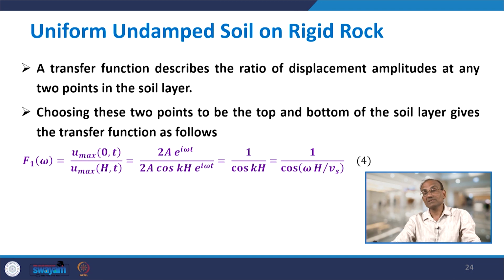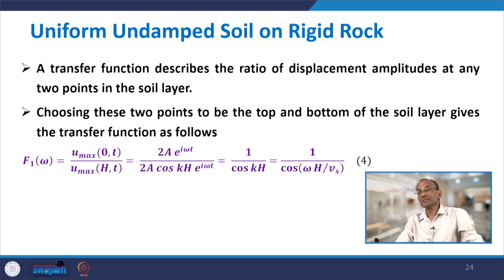At the bottom, the value of z will be simply h, capital H. So, we put z equal to 0, then you get 2a e^(iωt), and when you put z equal to h, then you would get 2a cos kh e^(iωt). In this ratio, 2a and e^(iωt) cancel out.